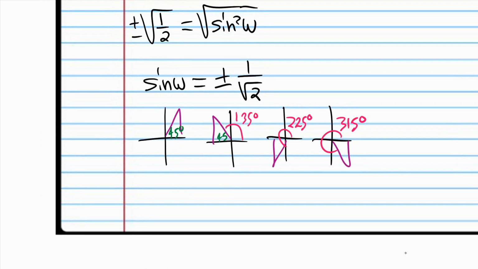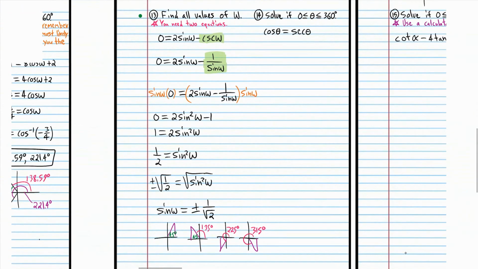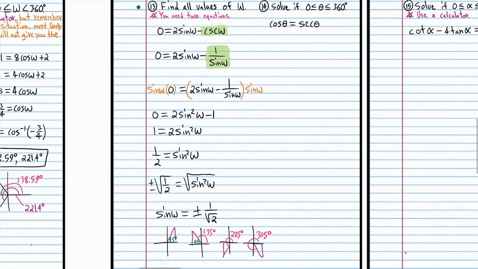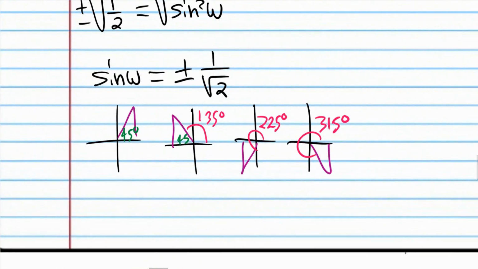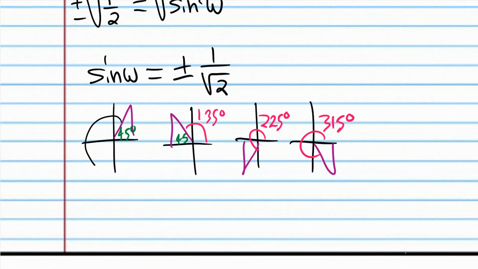Now you could write an equation for each one of these scenarios, because we're looking for all values of omega that work in this equation. So we could have 4 different equations. Add 360 to 45, just keep adding multiples, and you get the first quadrant solutions.